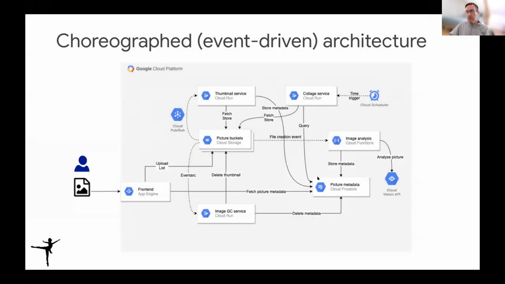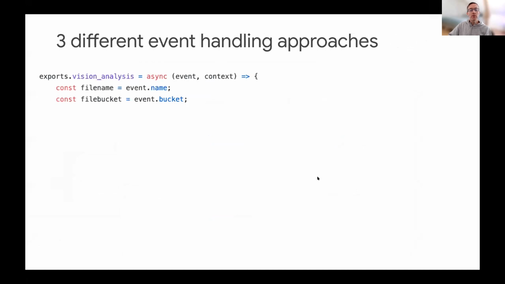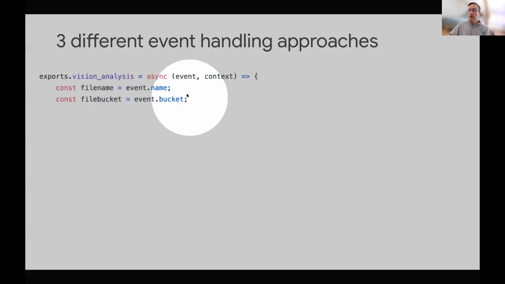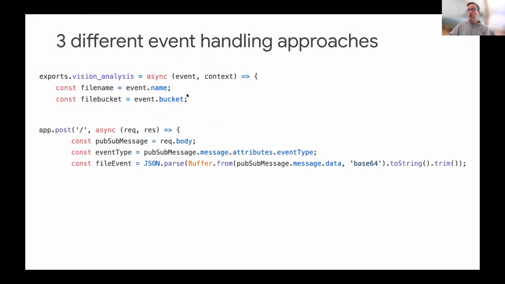So we built this application in an event-driven fashion, but we noticed that because of the nature of the products we're using, for example, there's an event integration directly in the Functions Framework that we use when we deploy functions on Google Cloud Functions. So events are available directly as parameters. But when you use a Cloud Run service, it receives HTTP requests.